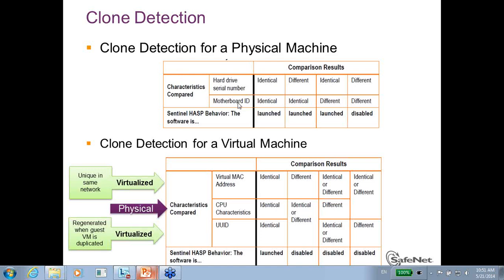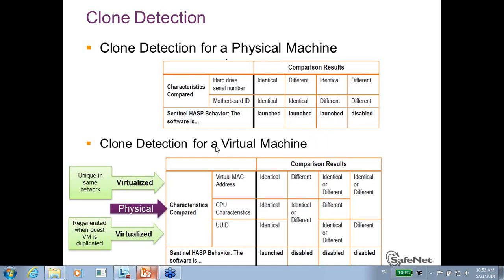Of course, about clone detection, we are talking about SL keys, not HL, because HL by design goes from one machine to another, so you don't care where exactly the machine resides. But in SL, you would like to make sure that the SL was not copied to or used on another machine. So clone detection for a physical machine is only when both hard drive and motherboard are changed.